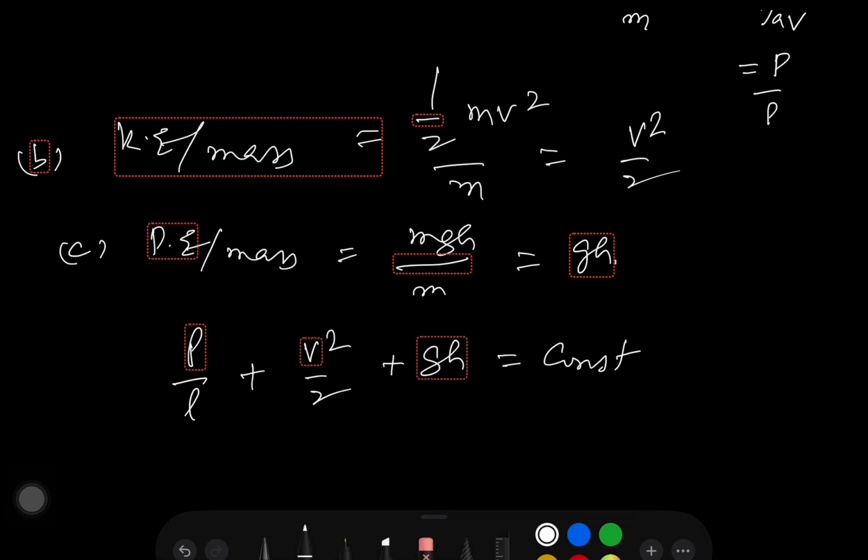So all together is the total energy per unit mass, which always remains constant.